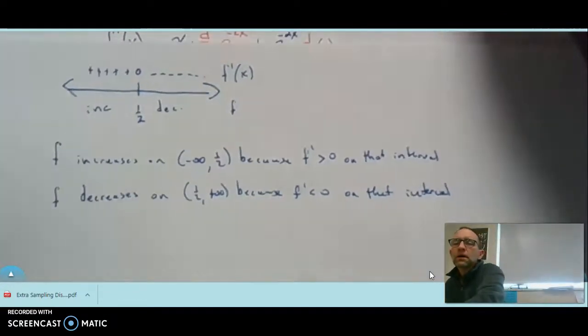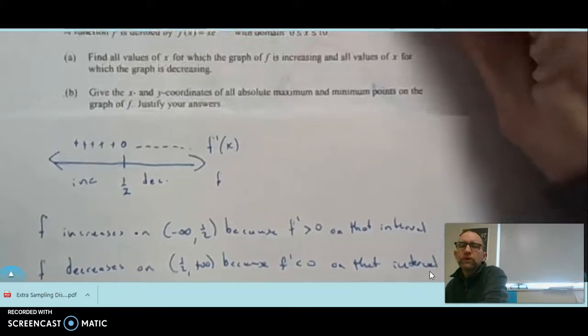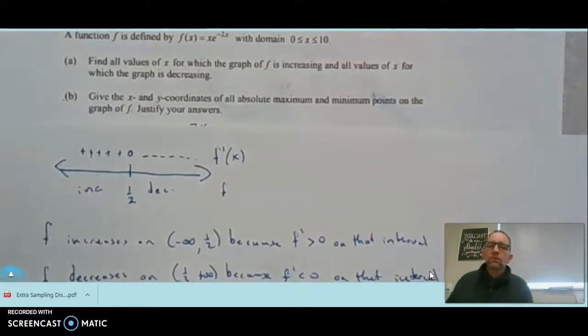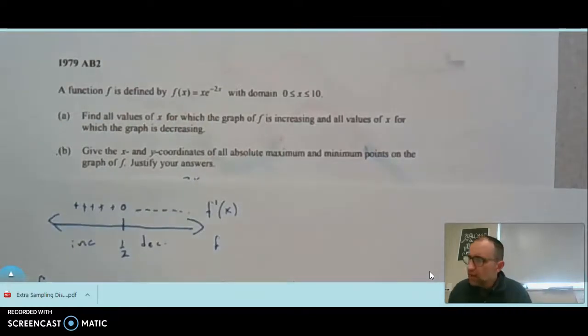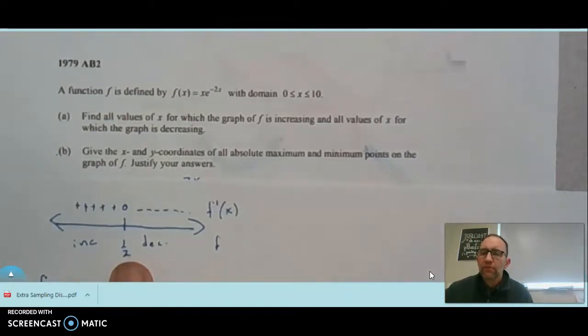Part B asks about the absolute min and the absolute max of the function. So we know that the candidates for absolute extrema are the endpoints and the critical points. We know our only critical point is at 1/2.